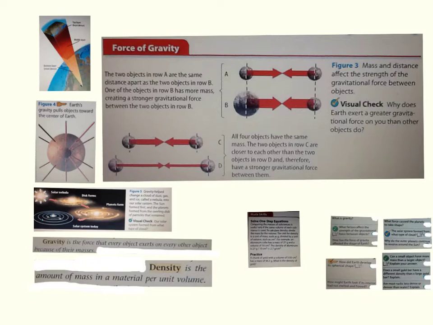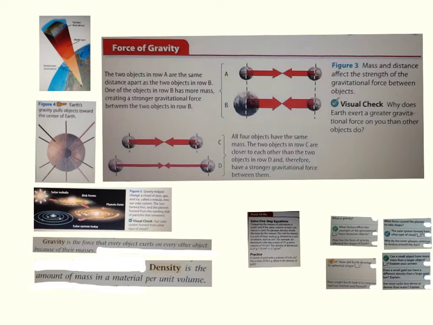Okay, so let's take a look at C, which is these two, and D. All four are the same mass, but if you notice, these in C are closer than these in D. All four objects have the same mass.